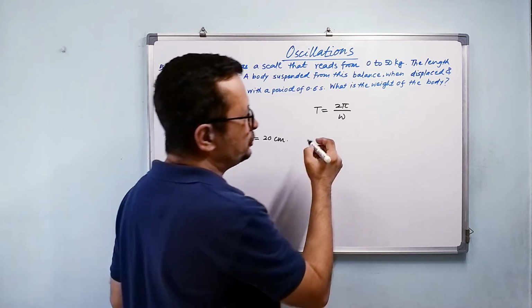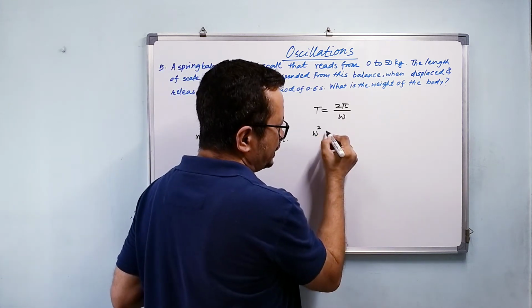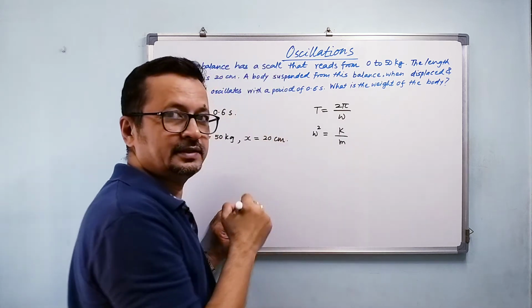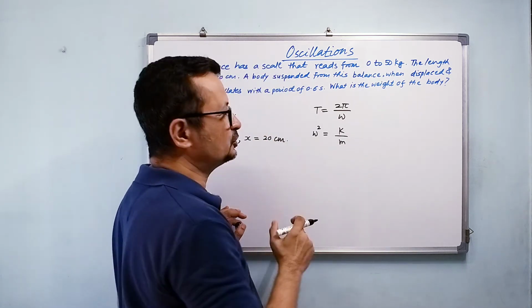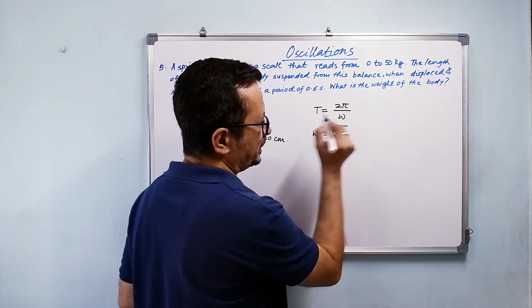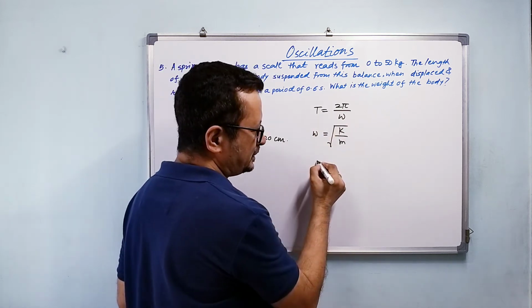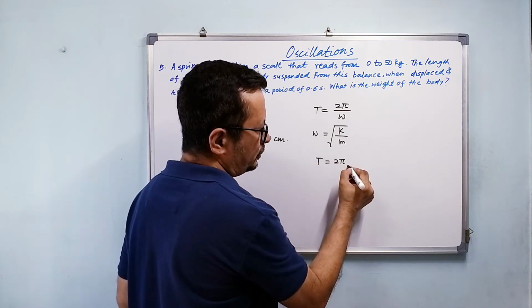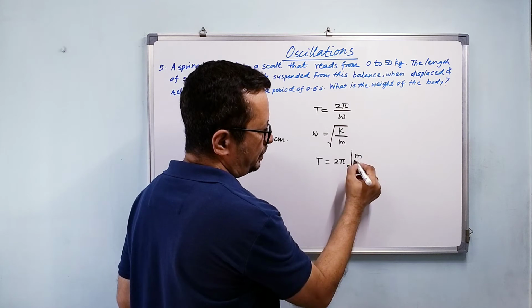We knew that omega square is equal to k upon m, right? So my omega would be equal to square root of k upon m. Correct. That means my T is going to be equal to 2 pi root over m upon k.